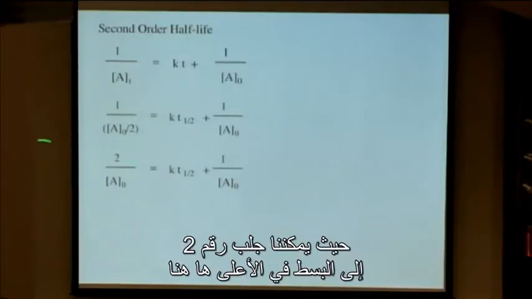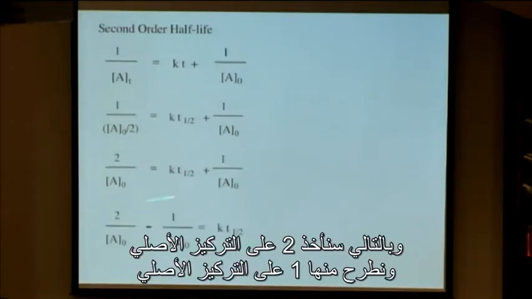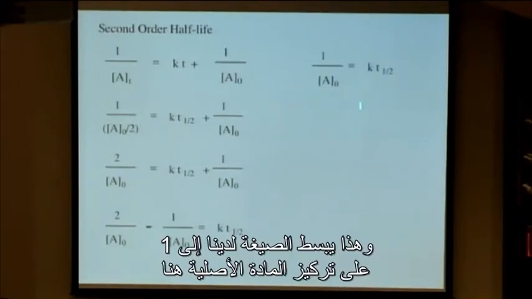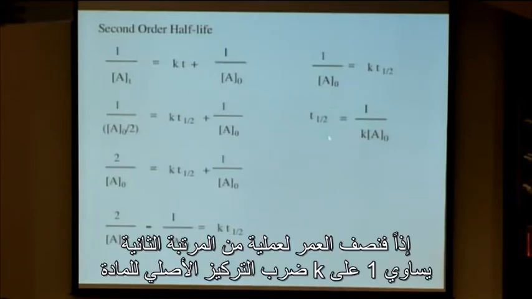We can bring the 2 up here, and now we can combine our concentration terms on the side. So we take 2, we bring this over, minus 1, and that simplifies to 1 over the concentration of the original material. And now we can solve for it in terms of the half-life. So the half-life for a second-order process equals 1 over k times the original concentration of the material.